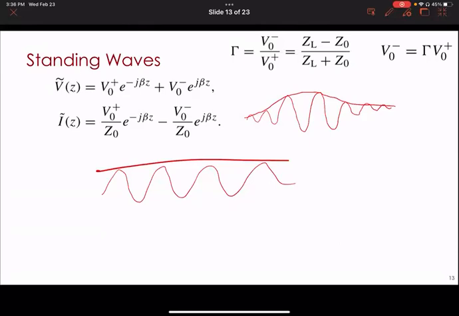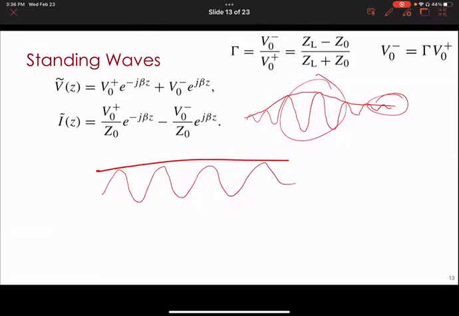But because we have that reflected wave, they interfere. Some places, like here, maybe there's constructive interference and it gets a little bigger. And maybe over here, there's destructive interference and it gets a little smaller. That's why we're interested in the envelope, the extreme of the wave, because it tells us where the destructive interference is happening and where the constructive interference is happening and how much of each is there.